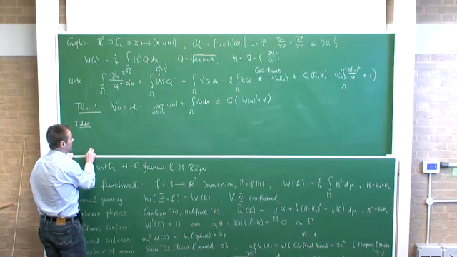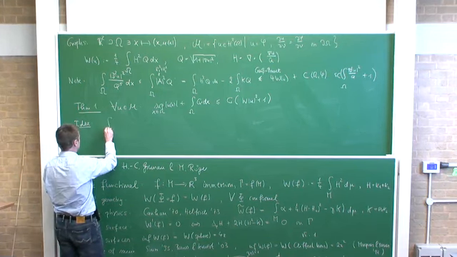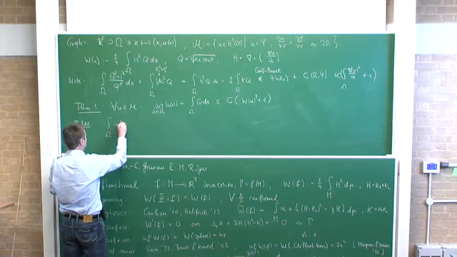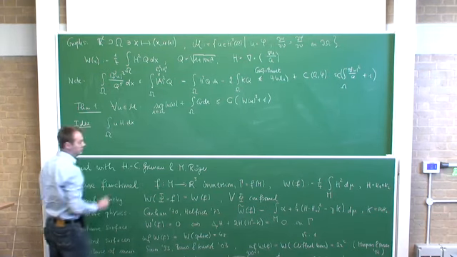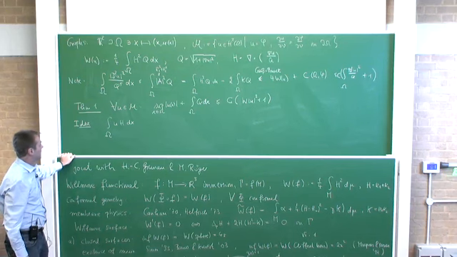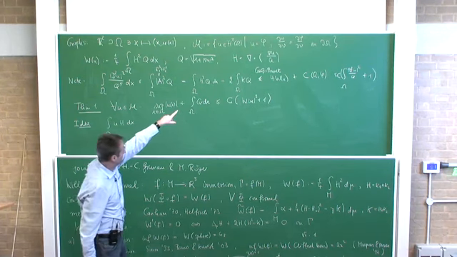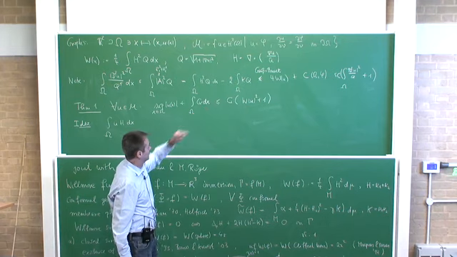The starting point is the following calculation. You look at the integral of u times H dx, and H is the divergence of the gradient of u divided by q.